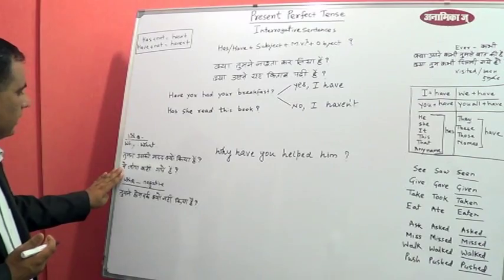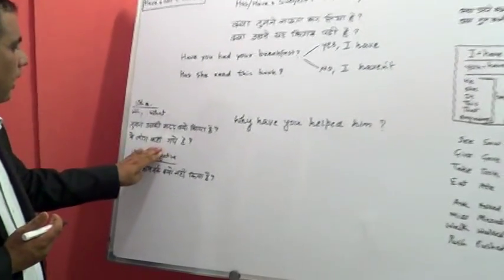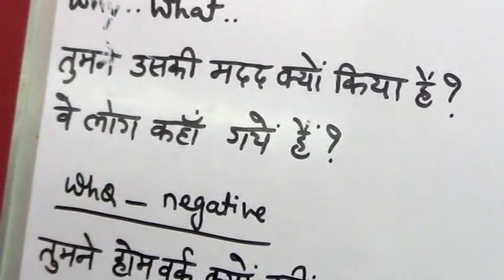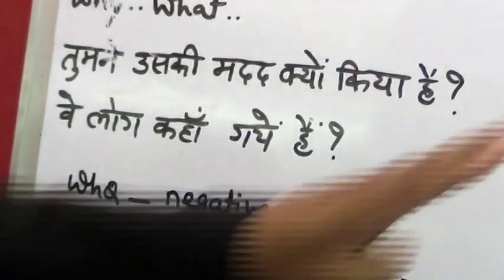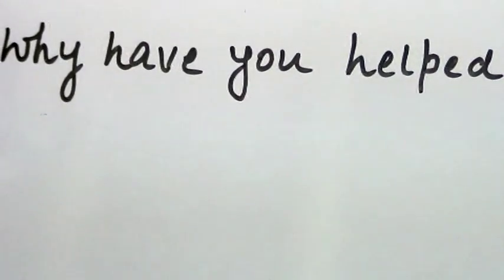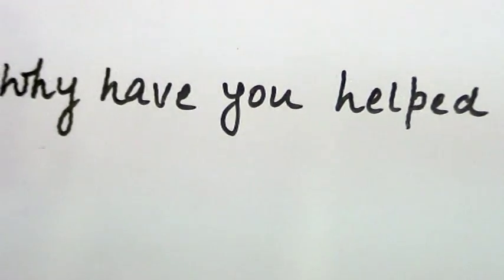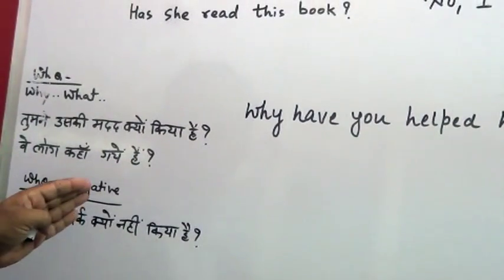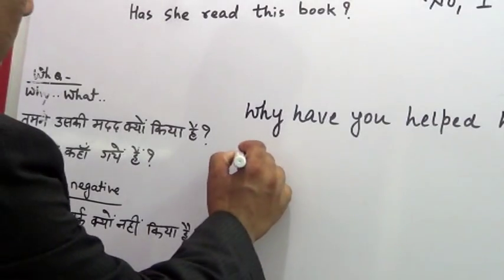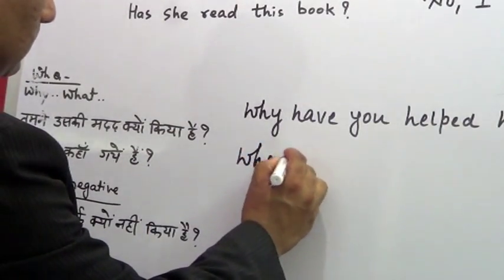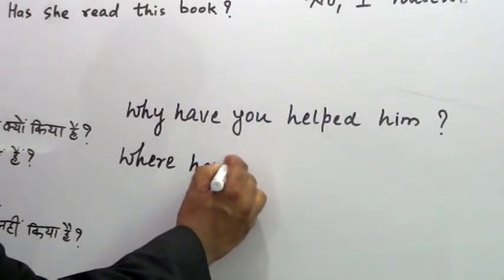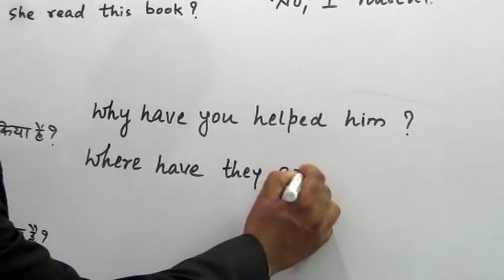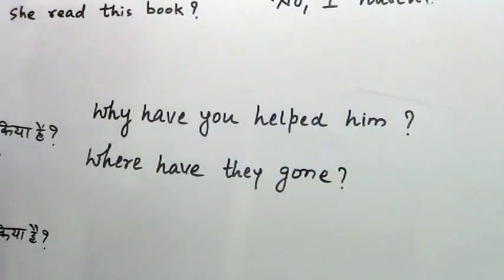अभी हम दूसरा एग्जाम्पल लेंगे, वे लोग कहाँ गए हैं? So वे लोग, more than one people, again the same have will come, and here we have kaha, which means where. So this question can be made like this: where have they gone?